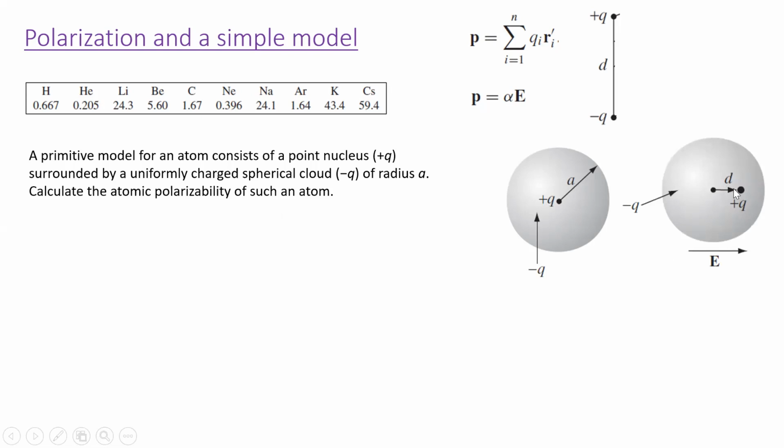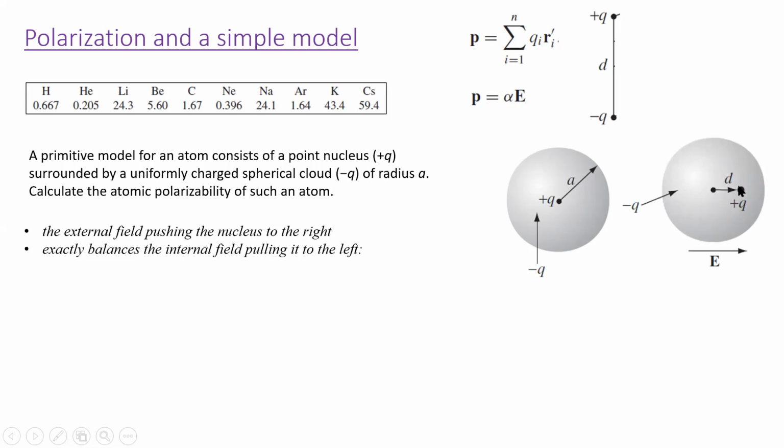Actually, it'll shift the nucleus one way and the electron cloud the opposite way, but they'll be separated by a distance d. So the external field pushes the nucleus to the right until the internal field generated by the separation of the electron cloud from the nucleus balances the external electric field.